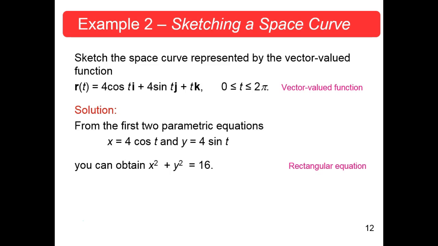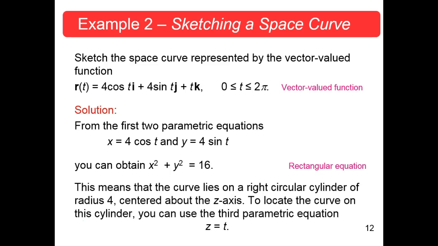That would be x squared plus y squared equals 16. Okay? Circle of radius 4. The curve lies on the right circular cylinder of radius 4, centered about the z-axis, and then it goes up the cylinder as it's going.